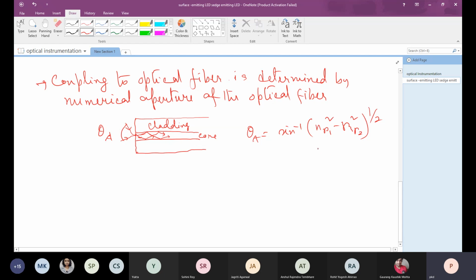So n1 is the core refractive index, which is slightly higher than the cladding refractive index.